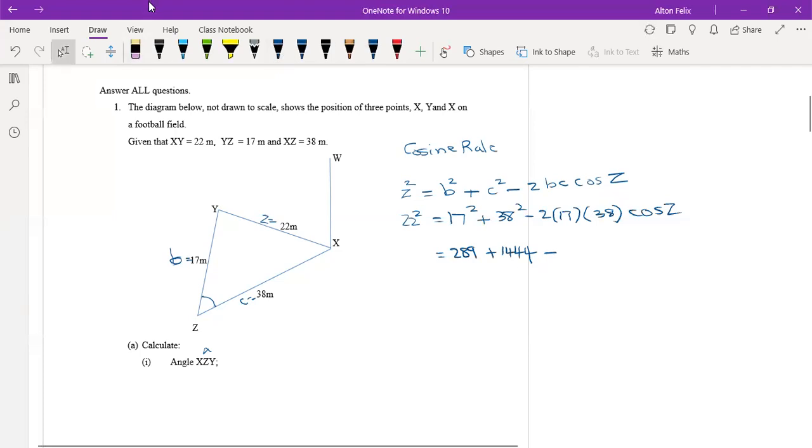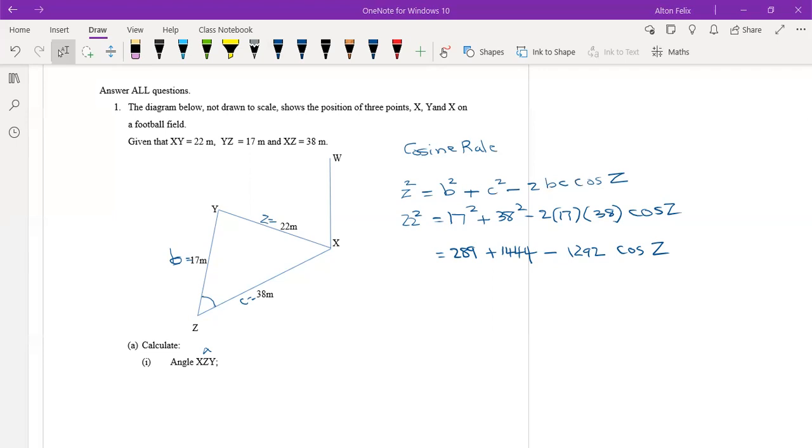Right, so we need to work out 2 by 17 by 38. Equal 1292 cosine Z. And let's work out 22 square now. 484, right? 484, let's remember that.